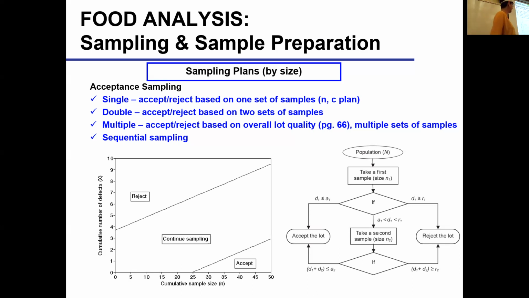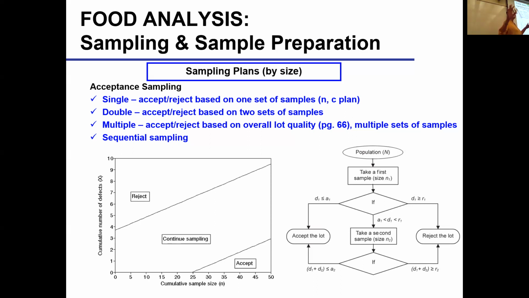Multiple or sequential sampling. In this case, you have a number of defects, and then you have a number of samples. If you take 25, or let's say 30 samples, and you found less than one defect, you accept. This is for a particular quality. They're not all the same, right? There's not the same graph for every quality parameter you measure.